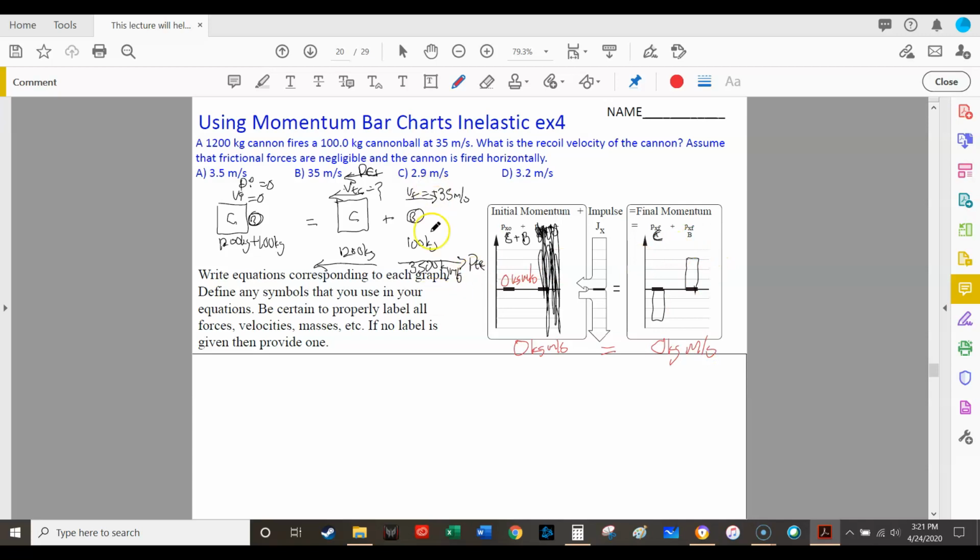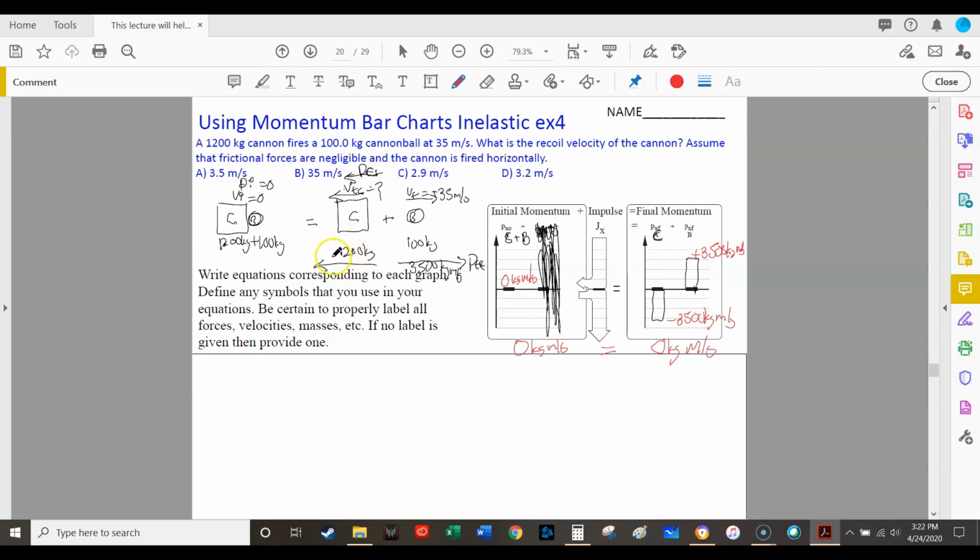And if the cannonball is going to have a momentum of 100 kilograms times 35, which is a positive 3,500 kilogram meters per second, then this guy's got to have a negative 3,500 kilogram meters per second.